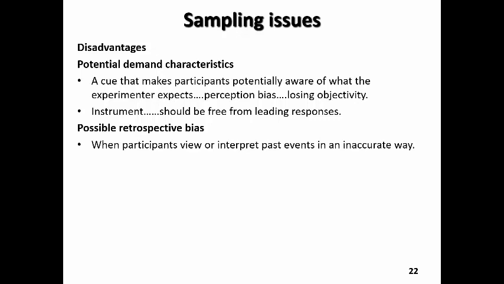Possible retrospective bias is also a concern, particularly if research participants are being asked to recall activities that they engaged in. And these past events can be represented in an inaccurate way.